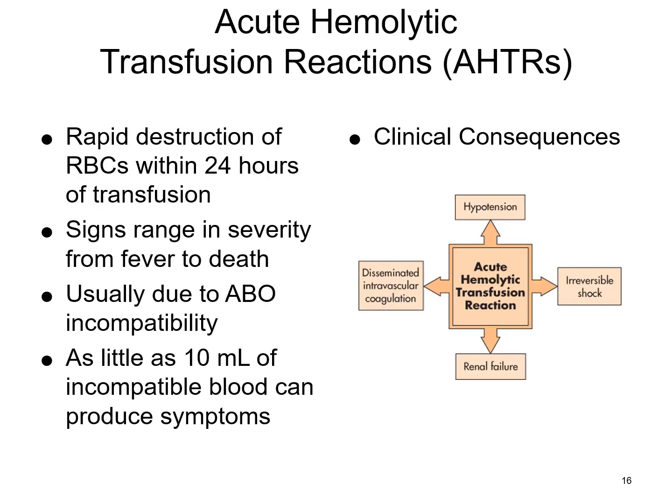Acute hemolytic transfusion reaction. Remember, acute is going to happen pretty quick. When you think about acute, think of a baby, small, so a smaller time frame: less than 24 hours for that red blood cell destruction to take place. Signs range in severity, anything from fever all the way to death.